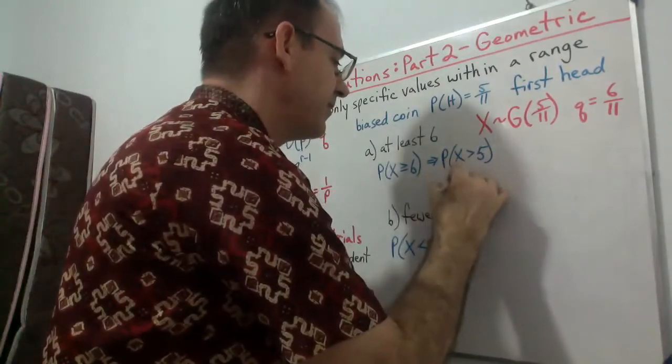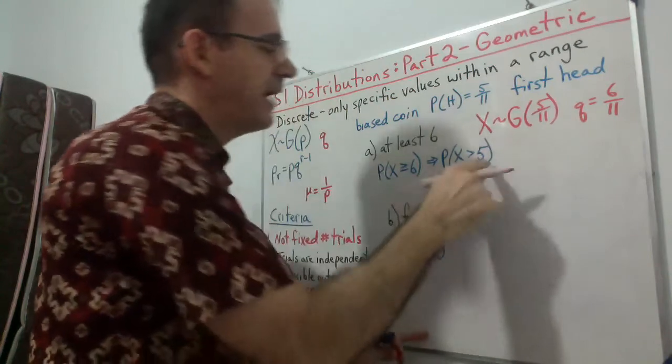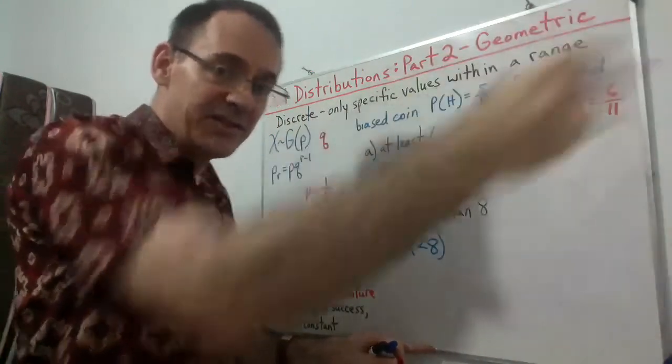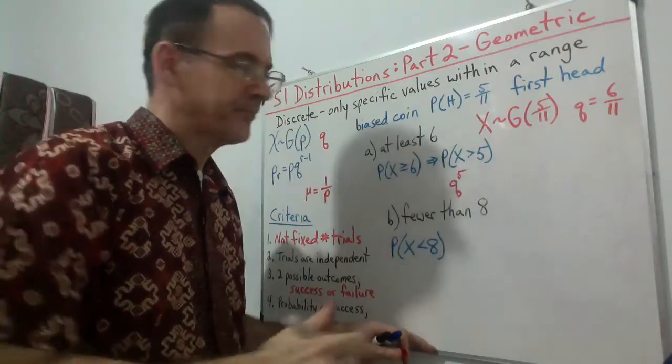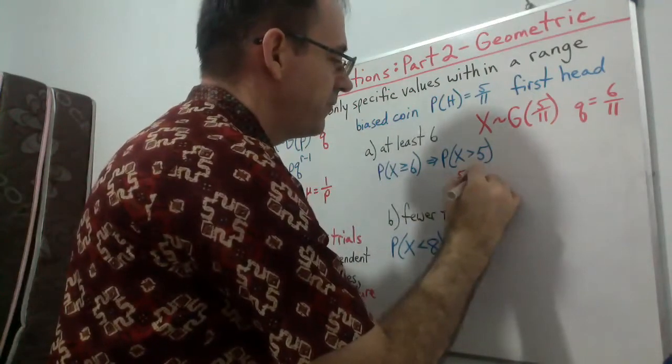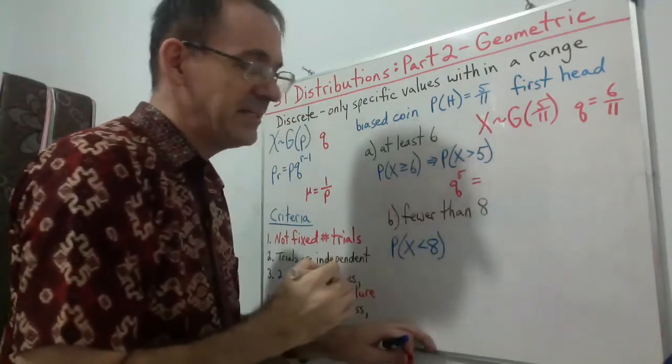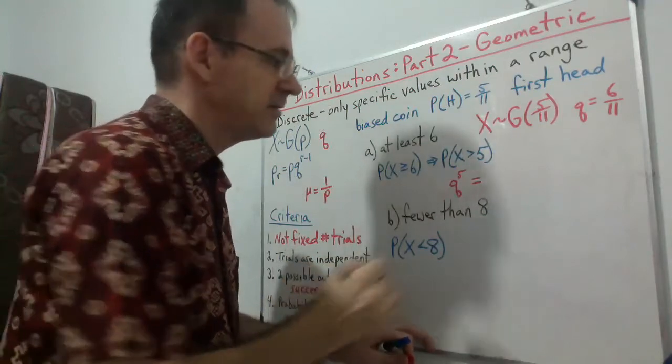So our failure has to be 5 times, and then any time after the 5 failures, you can have a success. So q to the 5th power, we have at least 5 failures.